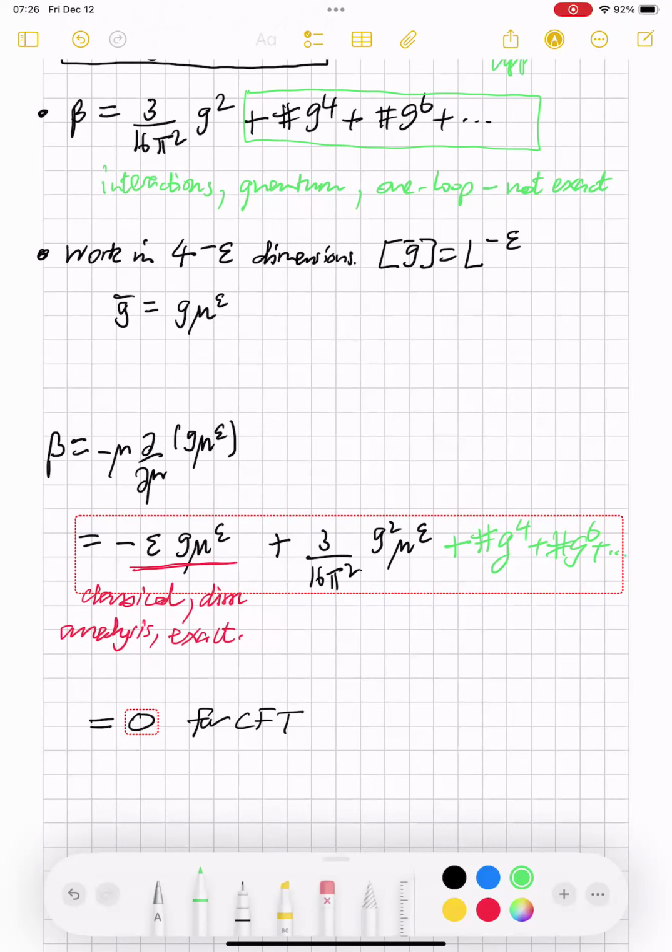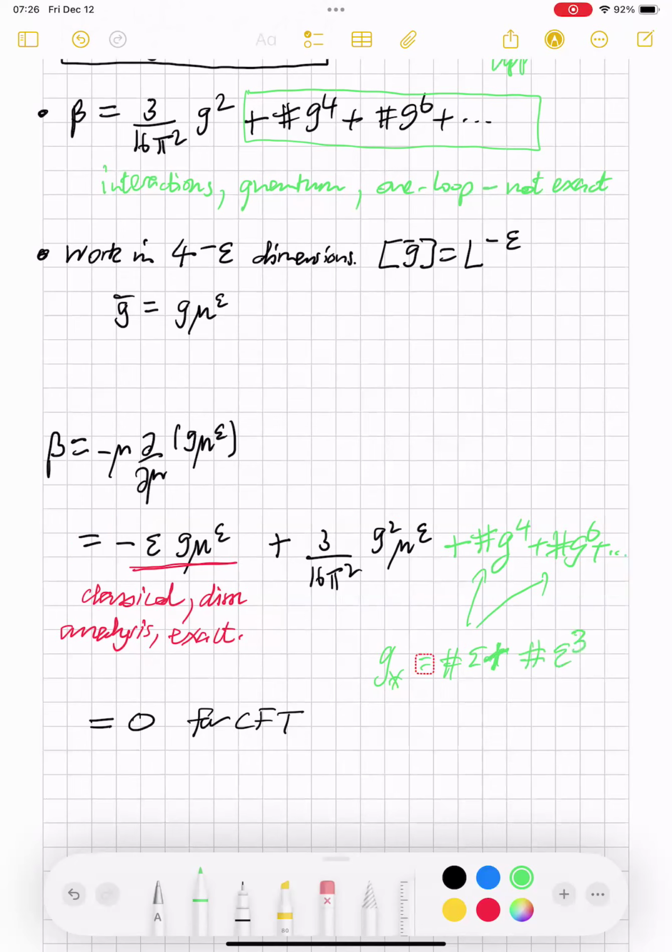So to cancel these higher powers, we need now to take g star to have some higher epsilon terms. And in fact, here to cancel off the g to the 4, for example, I would need to add something with an epsilon cubed, so that the epsilon times the g would give me an epsilon to the 4. And so it would continue. Okay? You'd get an epsilon to the 5 and so on. So not too important what these powers are, but we would get an infinite power series expansion.